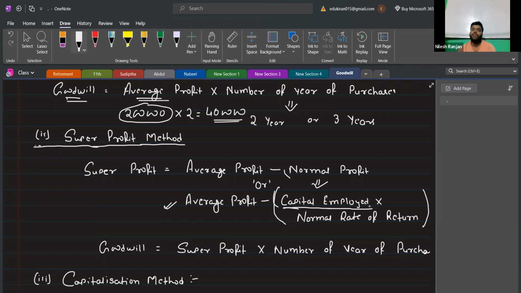Very good. And if the total assets is not given, you will be given items like shareholders' fund or share capital or simple capital.